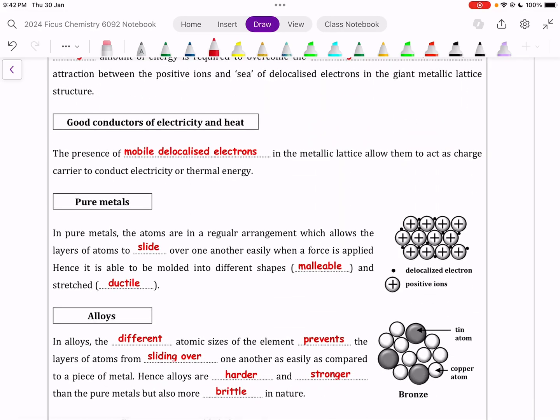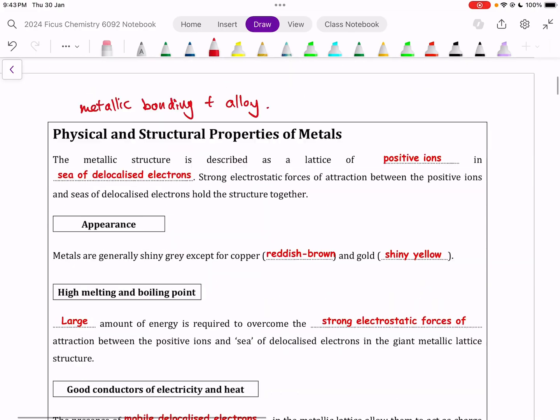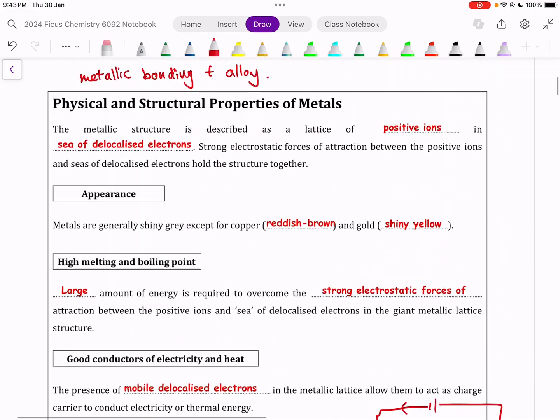The delocalized electrons actually move in one direction. Let's say for example you have a circuit. Actually, I should draw it the other way around. Say you connect a piece of wire. So the electrons will go this way from left to right. So that's on metallic bonding, and then we'll talk a bit about alloys.